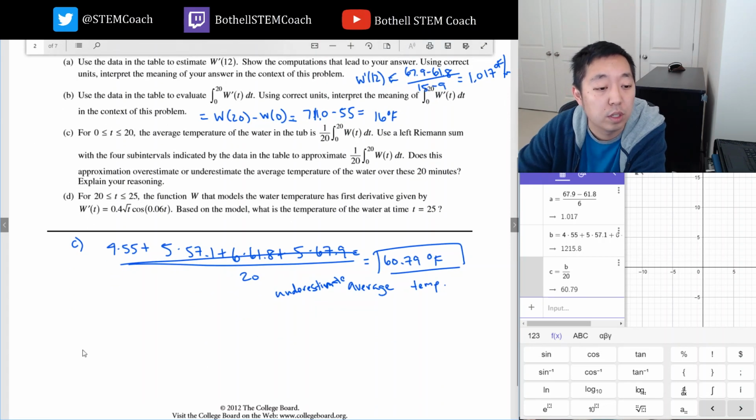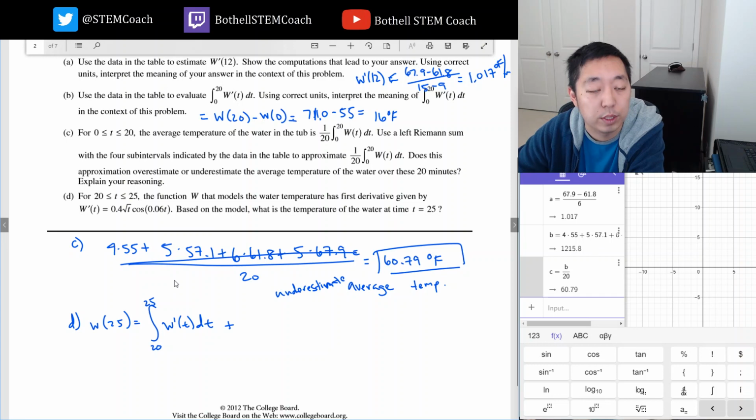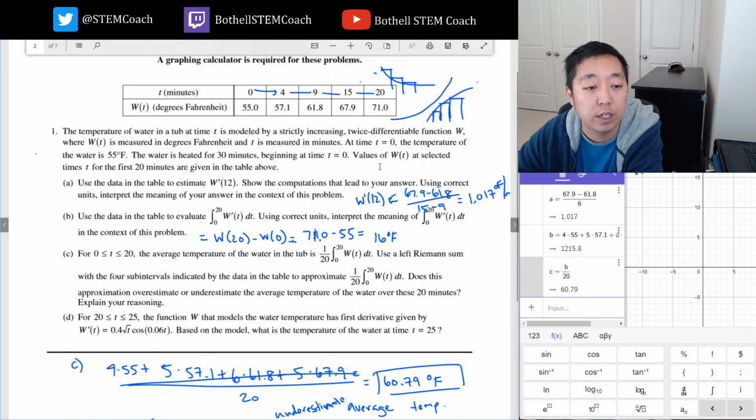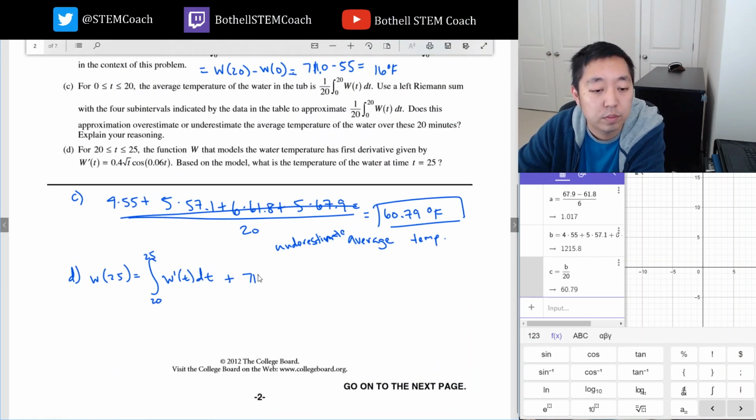This is the rate of change of the water temperature, so to get the temperature at 25, I integrate W prime of t from 20 to 25. That's the change in temperature between 20 and 25, and I add it to the starting value, W of 20, which is 71.